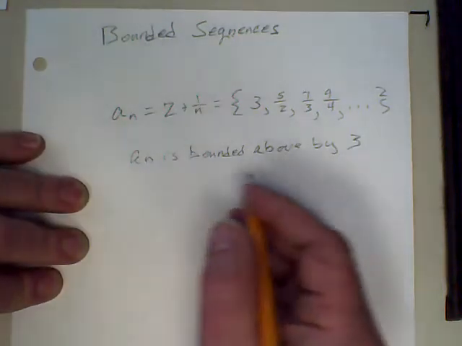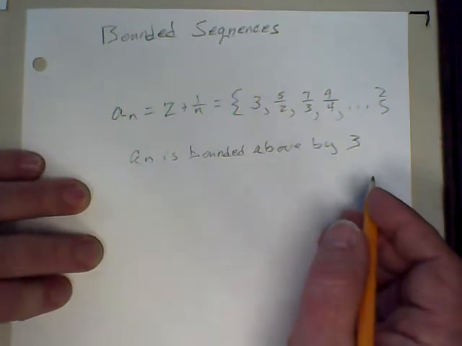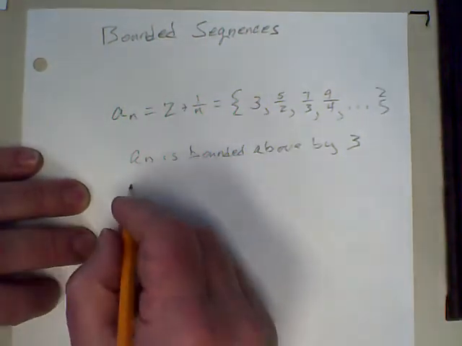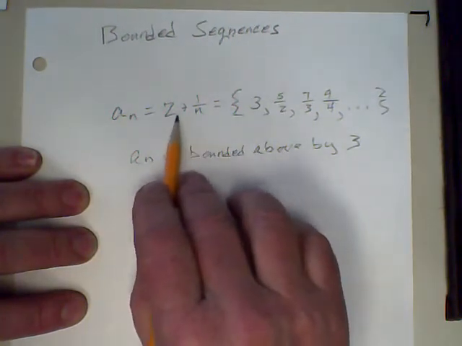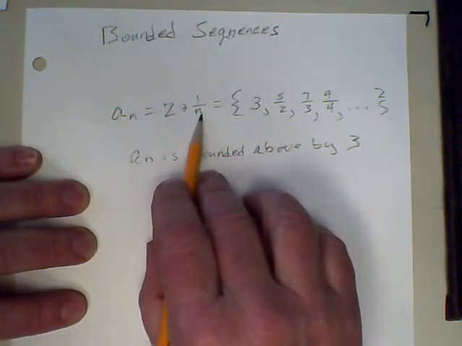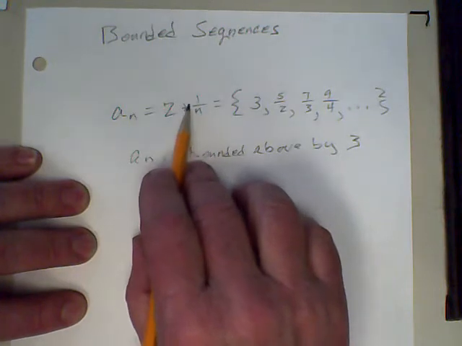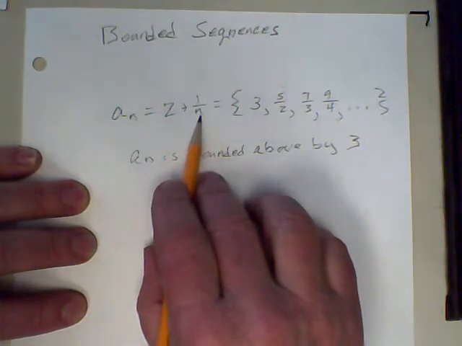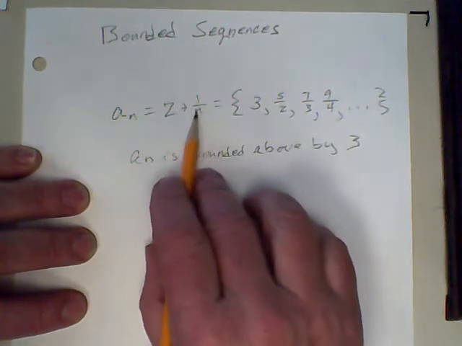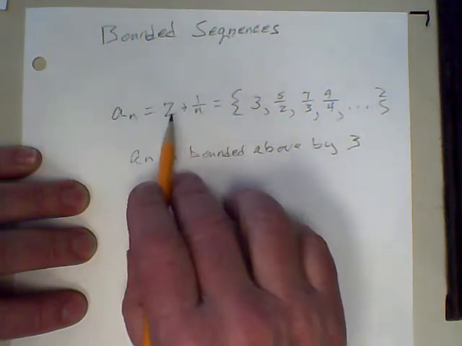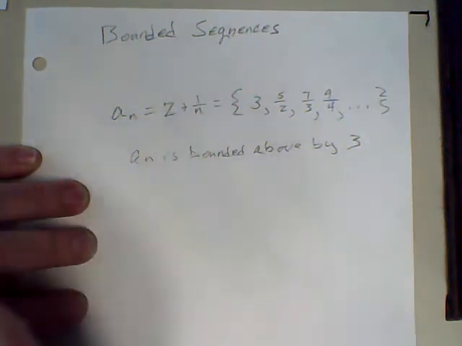Now, what would be the value bounding it below if there is one? So in this case, to find it, we see that we're adding smaller and smaller bits onto 2 as we go along, but we're always going to be adding something onto 2, because no matter how big n gets, when we stop to look at it way out there near infinity somewhere, it's got a little tiny bit of value to it. So it would be just a little tiny bit higher than 2.